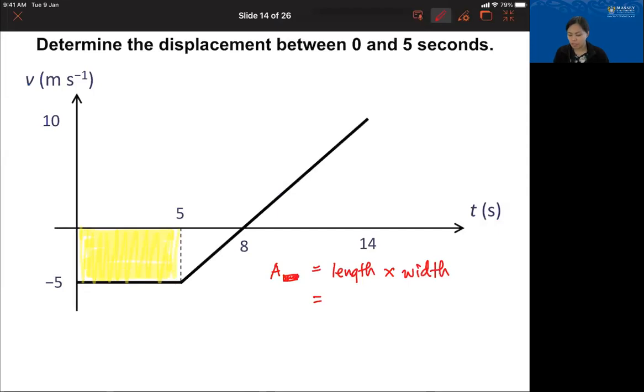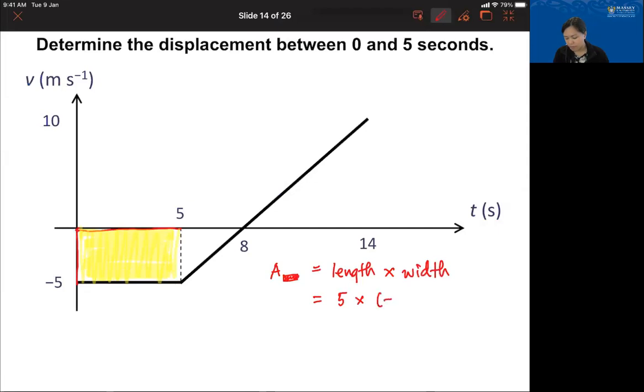Length is how long that side is. It's 5 seconds, times the width, how long that is.